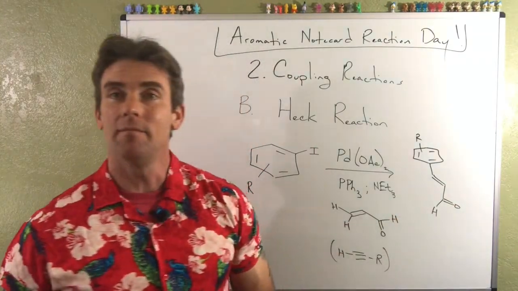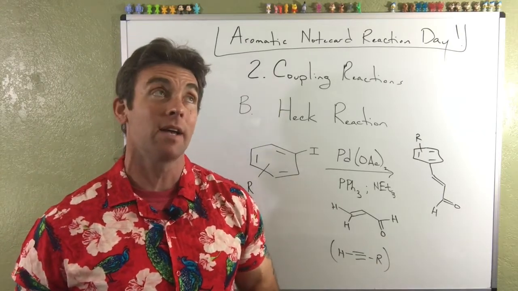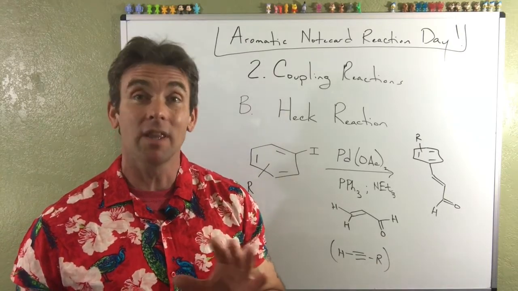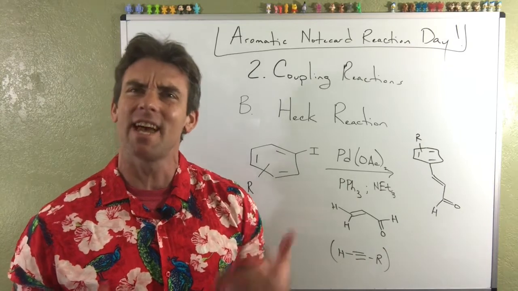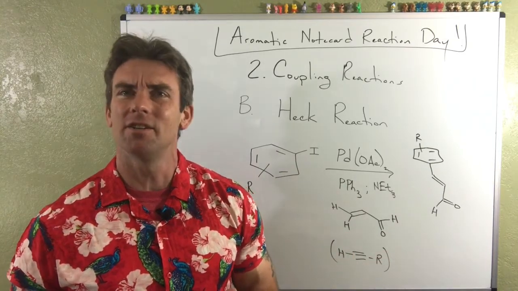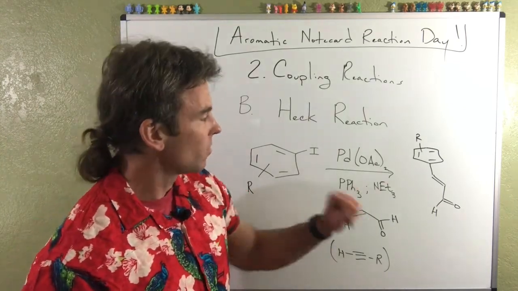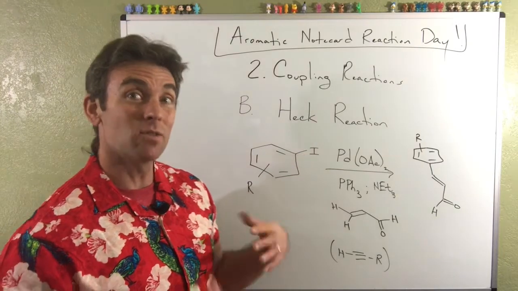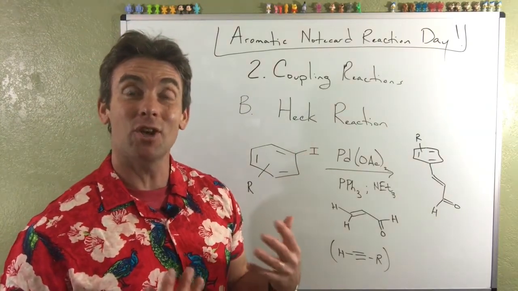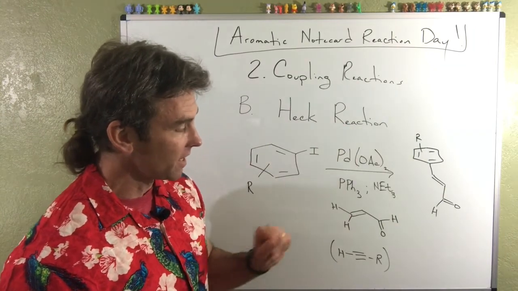There are examples of using esters and carboxylic acids, a lot of structures that have problems with different reagents. The Heck reaction is a really good reaction to choose to introduce new aromatic pieces into a ring. And again, this is why we talk about halogenation as such an important thing, because it opens the door for all of these things.